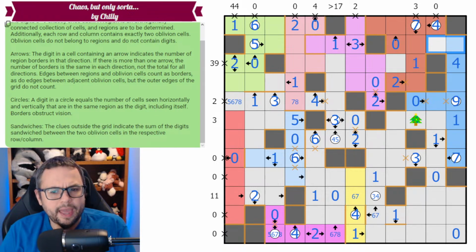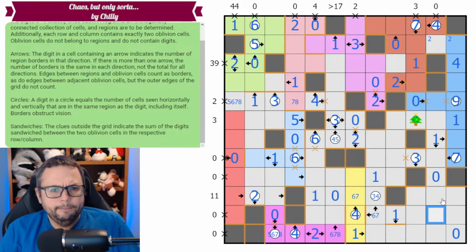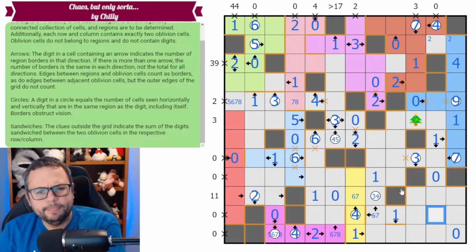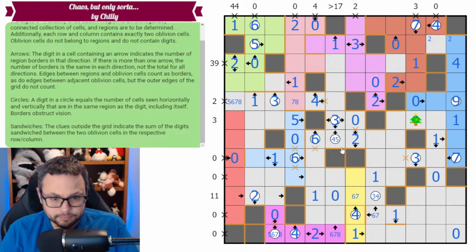I agree with that. So one of these two cells is the blue 2. I don't yet know which one. Let's see. I can lose some of these x's, which are now internal. Can lose those x's, which are now internal.